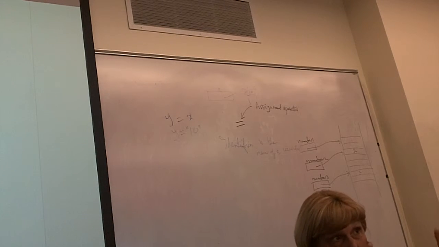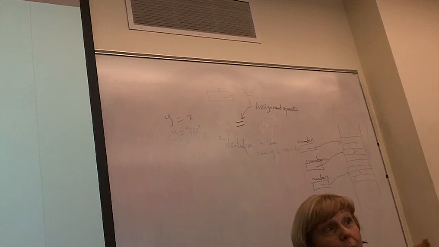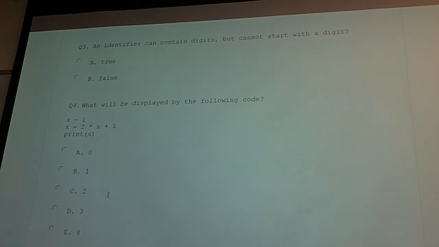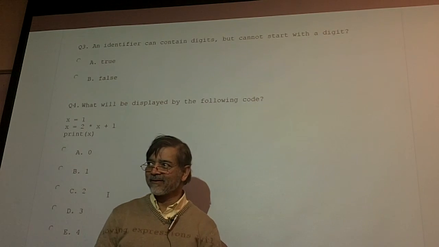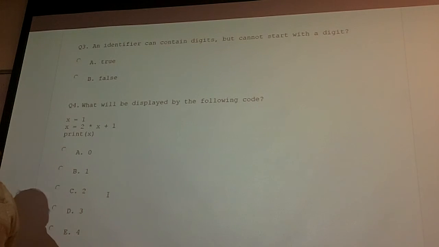But every programming language will tell you what's allowed as a name and what's not. One example is that an identifier can contain digits but cannot start with a digit. So you can have an identifier with a digit. Can you name one? Number 1. We just saw it.